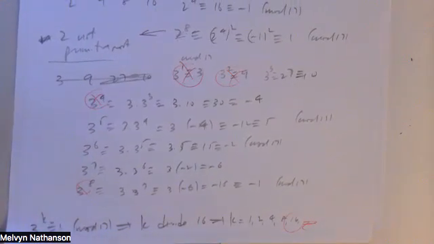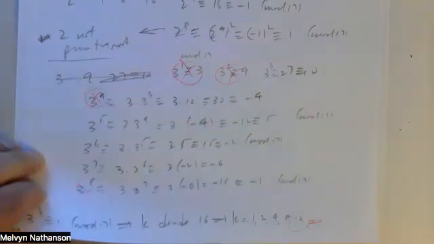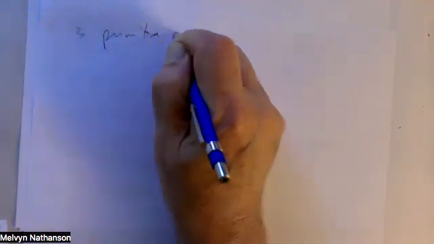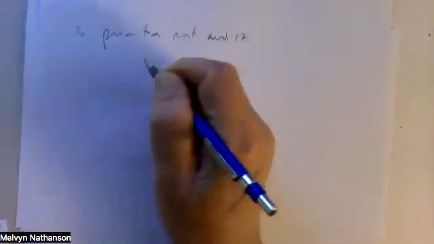Thank you. Right. And then you need to find the discrete logarithm of 11 mod 17. So the third part is to compute. So we know 3 is a primitive root mod 17.